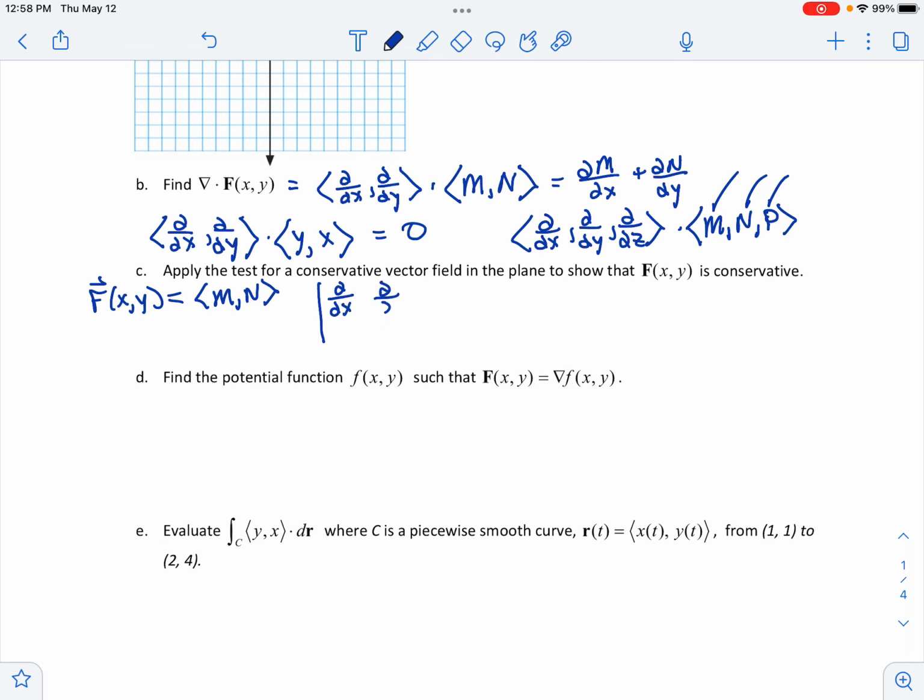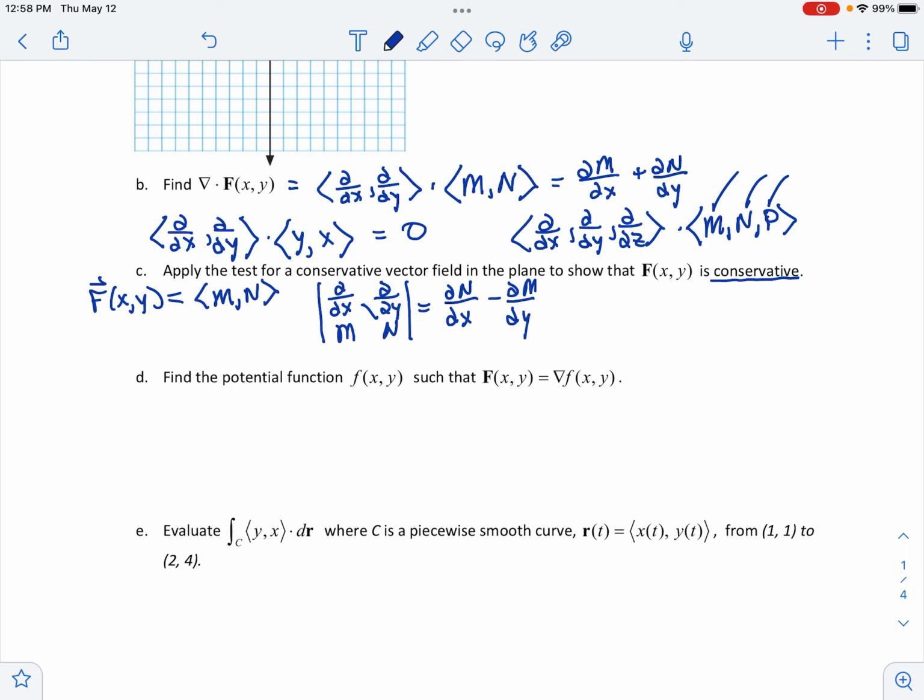Partial with respect to x, partial with respect to y, and then here's m and n. And we do like we do the determinant. We cross, just like we were working with the determinant, the partial of n with respect to x minus the partial of m with respect to y. And if that equals 0, then we have a conservative vector field. Okay, so that's how we test to see if a vector field is conservative.